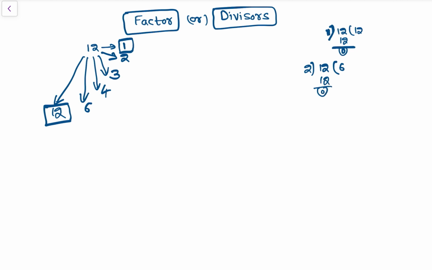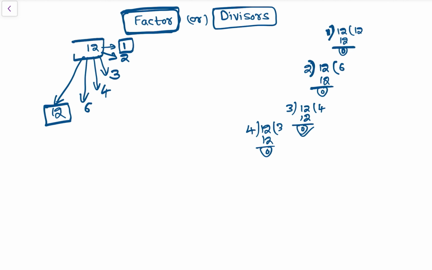So कोई भी number divide करता है, when remainder is 0, that is called a factor. Similarly 3 4s are 12, so remainder again is 0, so 3 is a factor. Similarly 4 is also a factor of 12, 4 3s are 12. ठीक है, similarly 6 is also a factor of 12. So ये होता है factor. ठीक है, where remainder 0 आता है, all these are factors of 12.